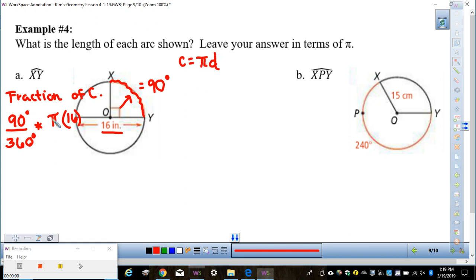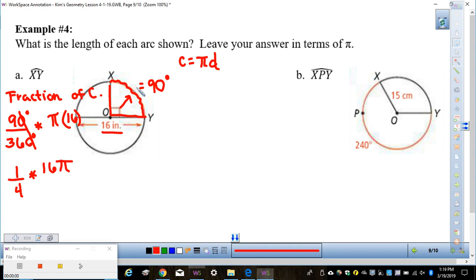Because I'm given a 16-inch diameter, I want to use the circumference formula that is pi times diameter. So the first thing I'm going to do here is cancel out these zeros. 9 over 36 reduces down to 1/4. And I think we can all see here that this arc that we're trying to find is 1/4 of the circle. That's the fraction part. And then the whole circumference is 16 pi.